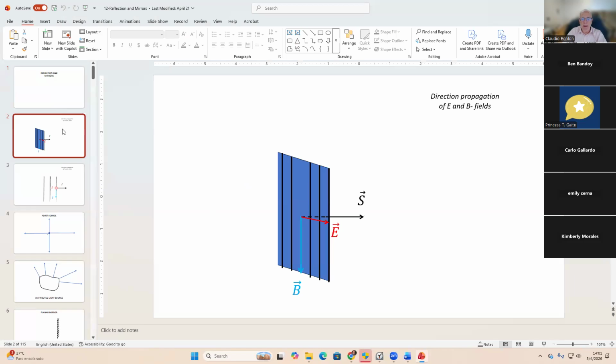Here you go, the pointing vector. Here is the plane perpendicular to the pointing vector. This plane makes a 90-degree angle with the pointing vector, and the pointing vector makes a 90-degree angle both with the electric field and the magnetic field, which are perpendicular as well.